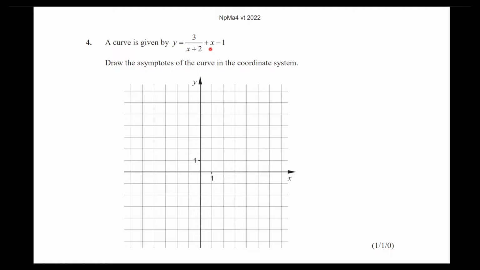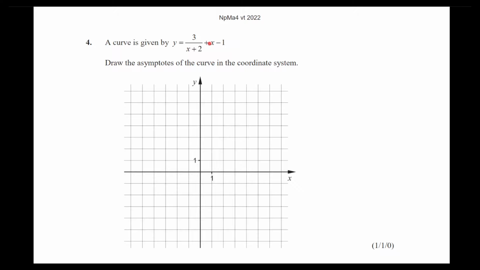But is there any other asymptote for this function? Is there any horizontal asymptote? For horizontal, you send x to infinity. If you send x to infinity, this part vanishes, but this part becomes infinity. So there is no number, so no horizontal asymptote. Is there any vertical asymptote?